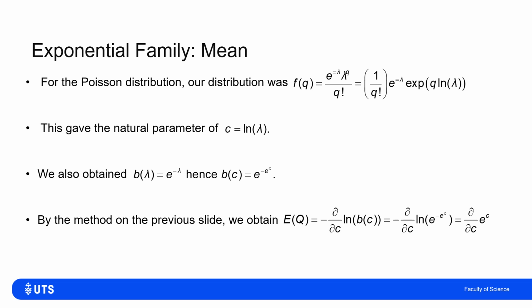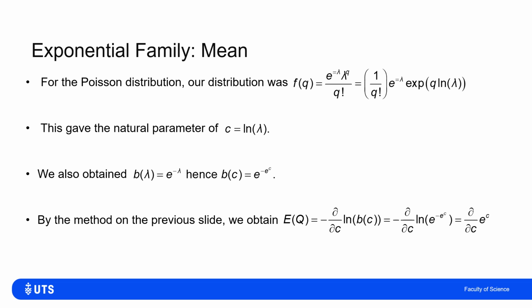So what we saw to calculate the mean was, if I wanted to know the expectation of d of my variable, d of my variable was just my variable, so in this case, the expectation of q will just be the negative of the gradient of log of b of c.